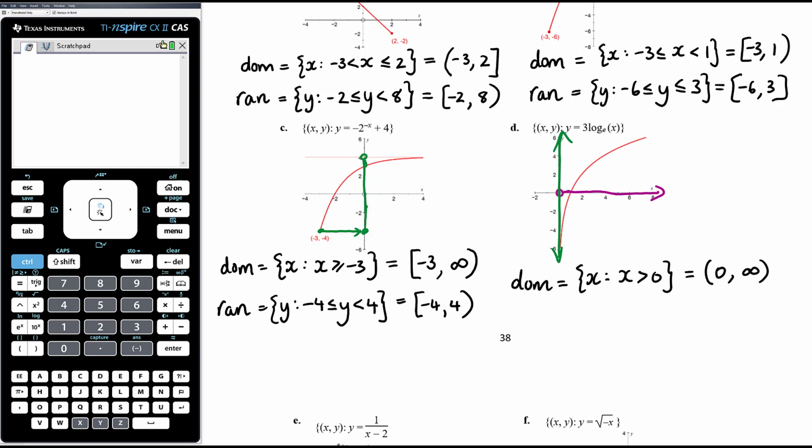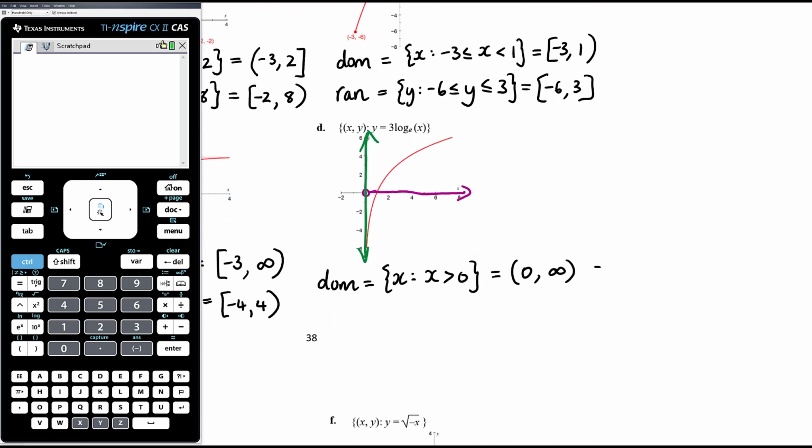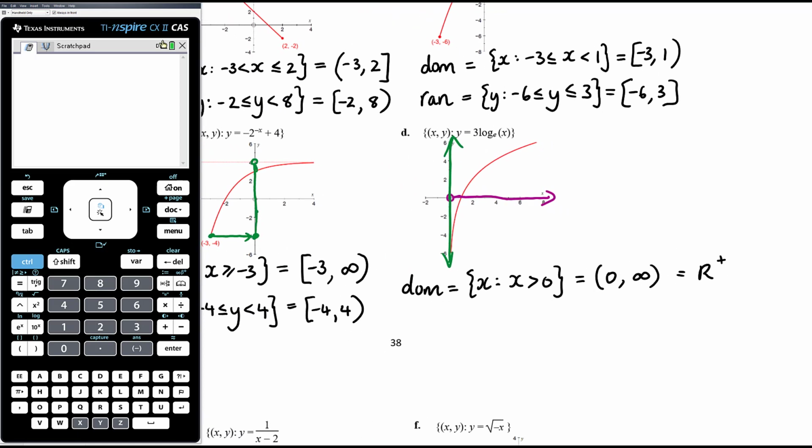But we also have a special notation for this, and we can write R plus, which is positive real numbers. Particularly given that 0 is not included here, 0 is not included in the positive real numbers. The real numbers are any number that you can represent on a number line. So the domain in this instance is the positive real numbers.